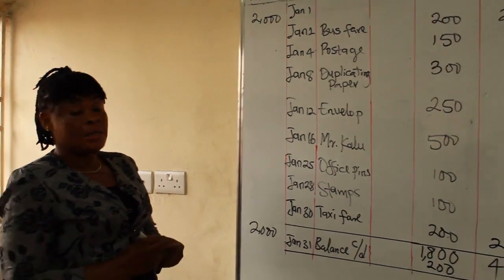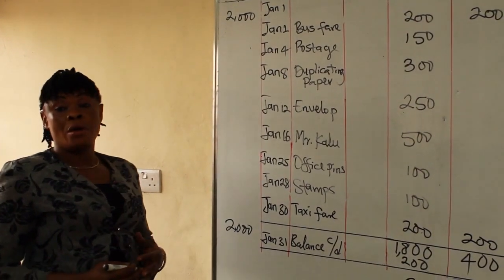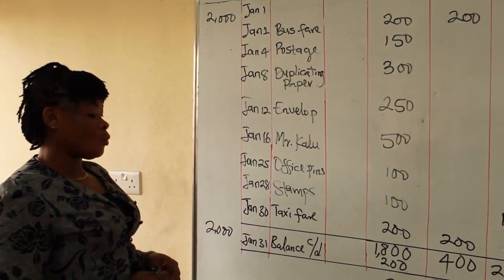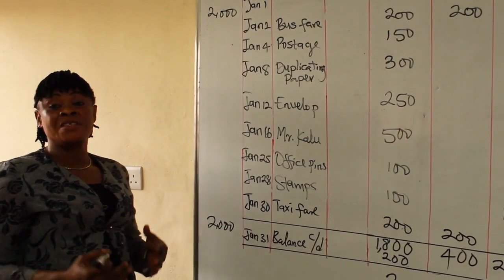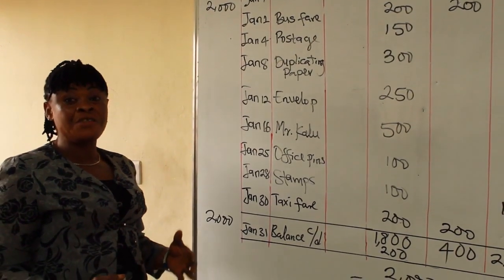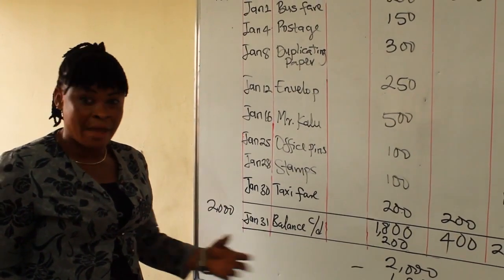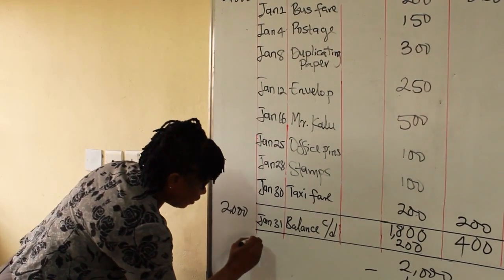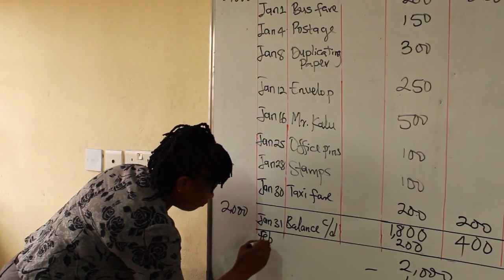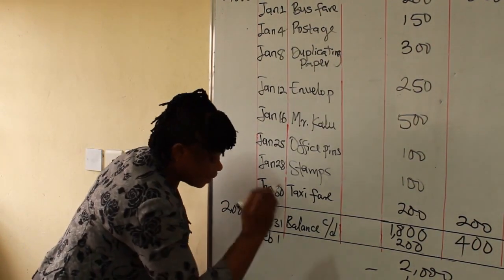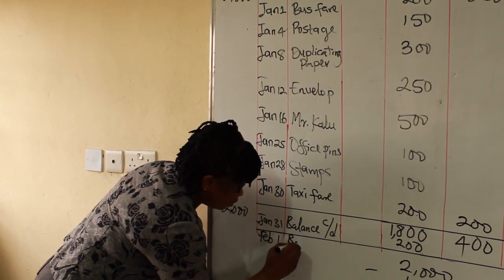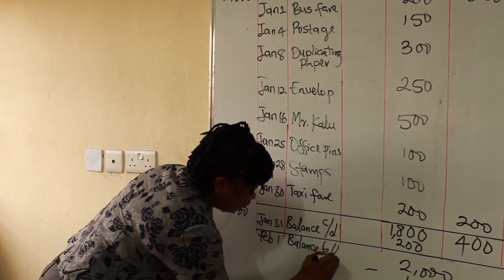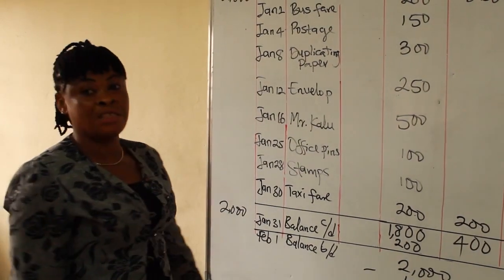And finally, in the new month, which is February 1st, what is remaining with the petty cashier is 200 naira. Therefore, it will be written here, February 1st. And it is balance brought down.